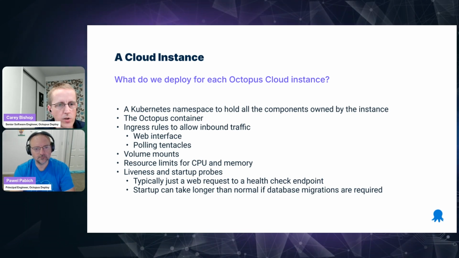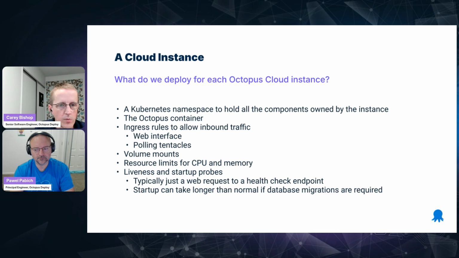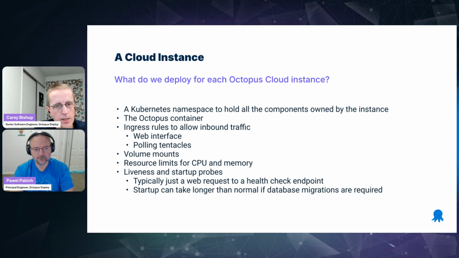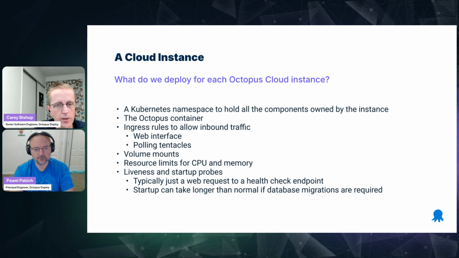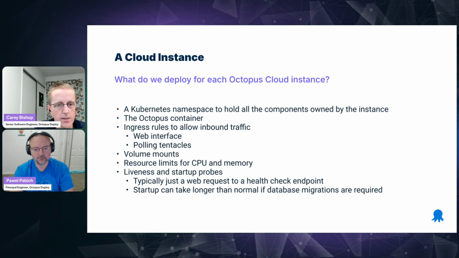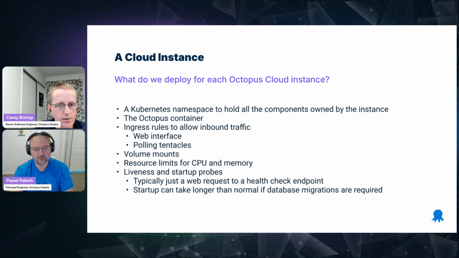We also configure volume mounts for the file storage, resource limits for the CPU and memory, and we configure liveness and startup probes. These are typically just a web request that hits the health check endpoint of Octopus Server, and this allows Kubernetes to periodically check to make sure that that container is in a healthy state.